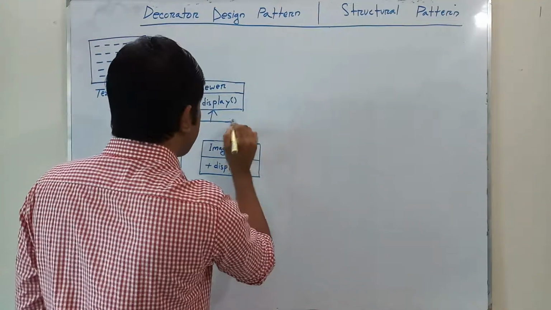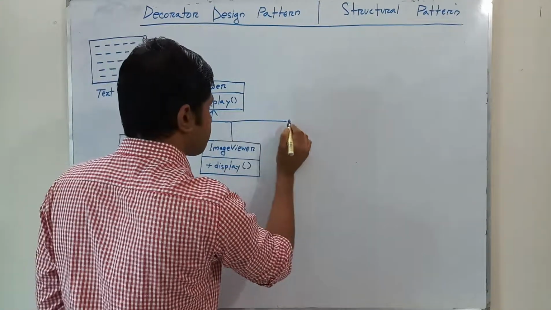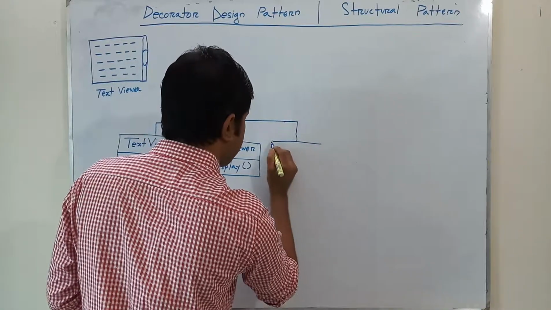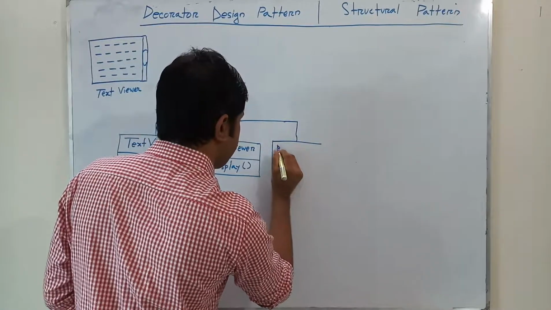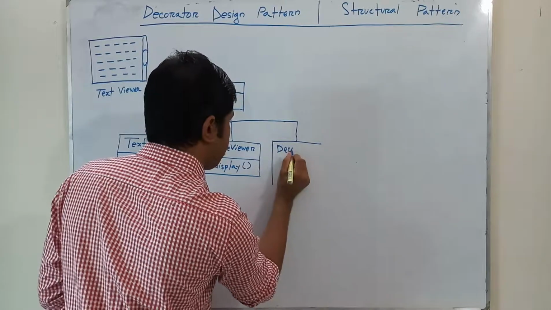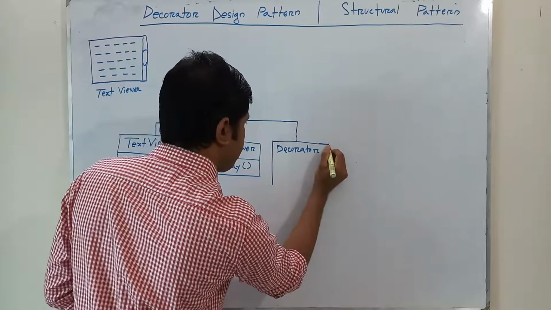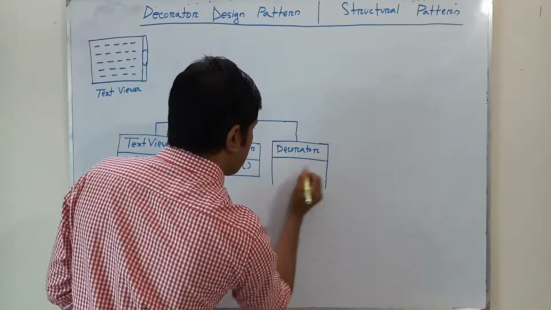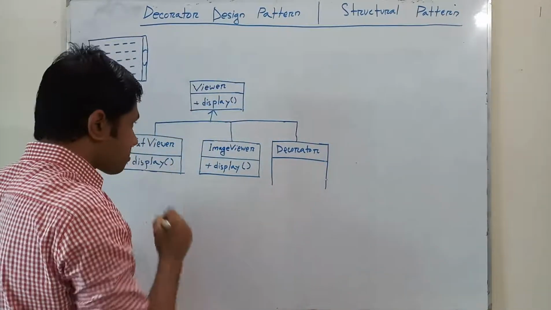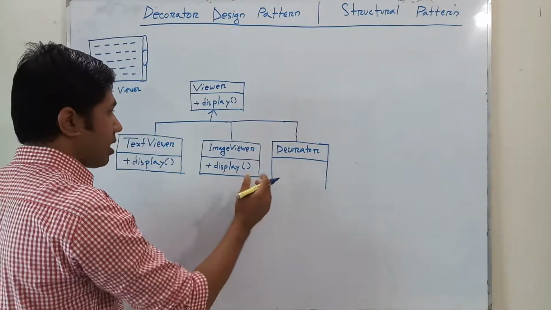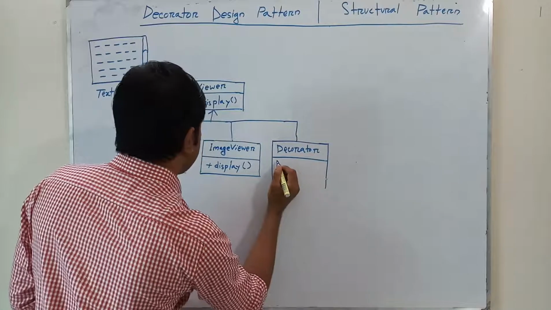First, we need to add a subclass for the decorator. And to hold our existing object, we need a variable here.